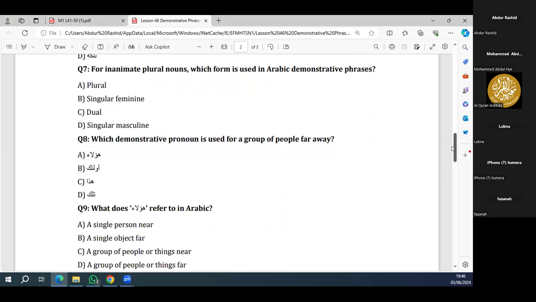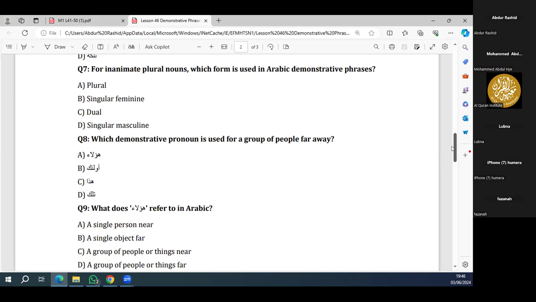Question 8: which demonstrative pronoun is used for a group of people far away? Haulai, ulaika, haza, tilka. Brother Rafi, if you could answer this question, please. Which group is it part of?